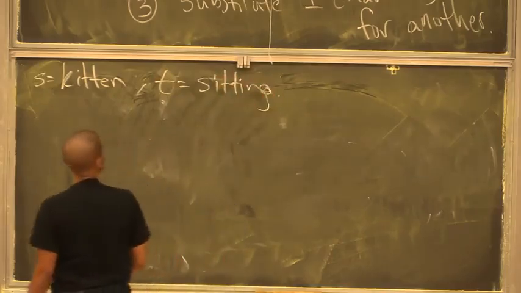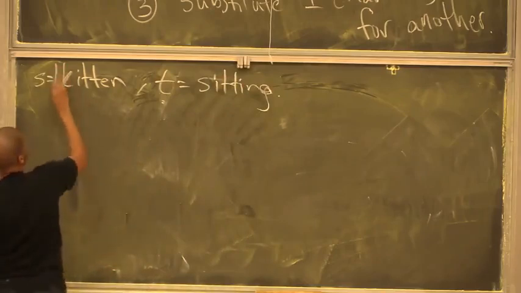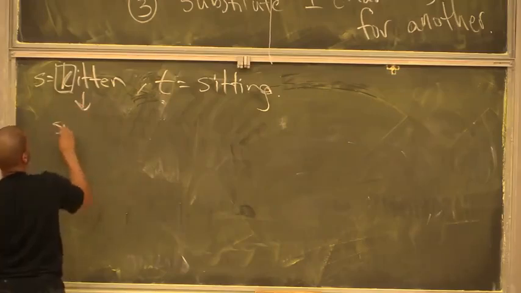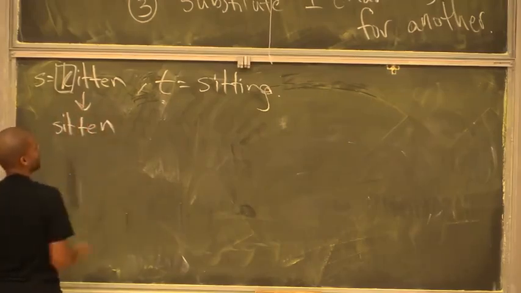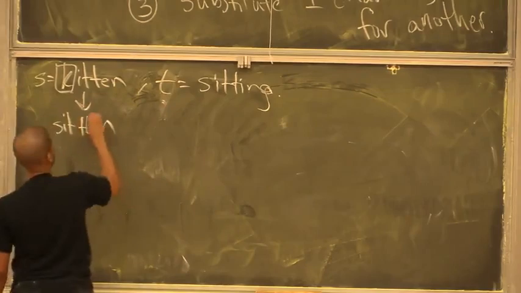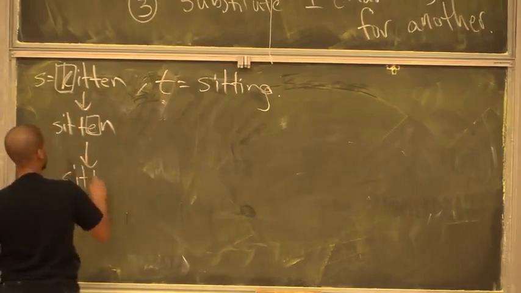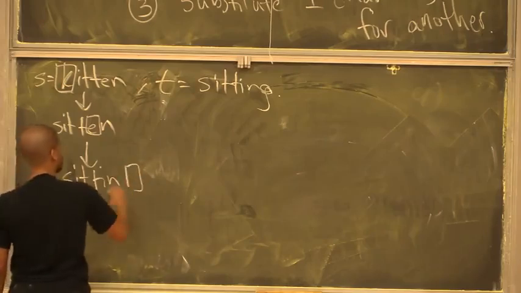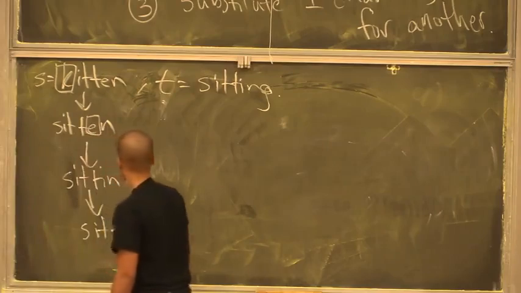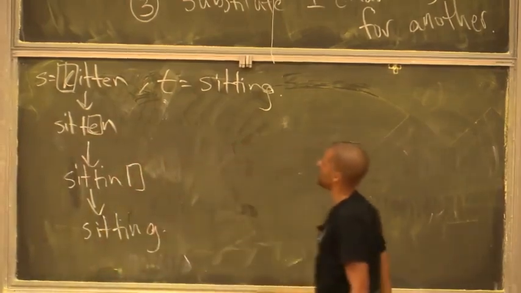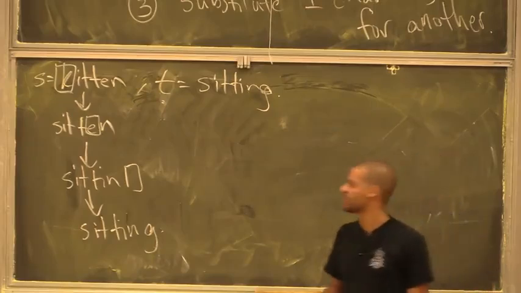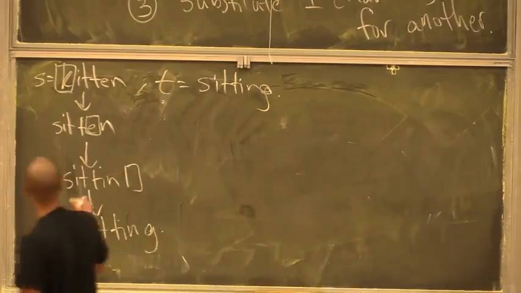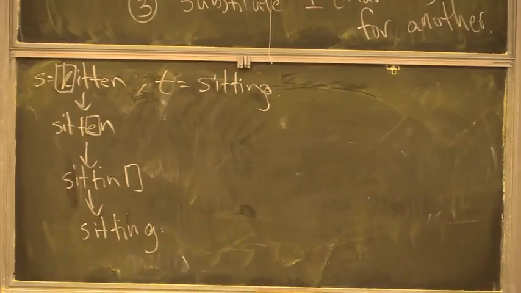So one thing I could do is substitute K for S. Then I can substitute this E for an I. Then I can insert a G. In fact, this is the cheapest way, under these three allowed operations, to turn kitten into sitting. So the edit distance between these two strings is 3. I would like to compute for any given strings the edit distance. Okay?